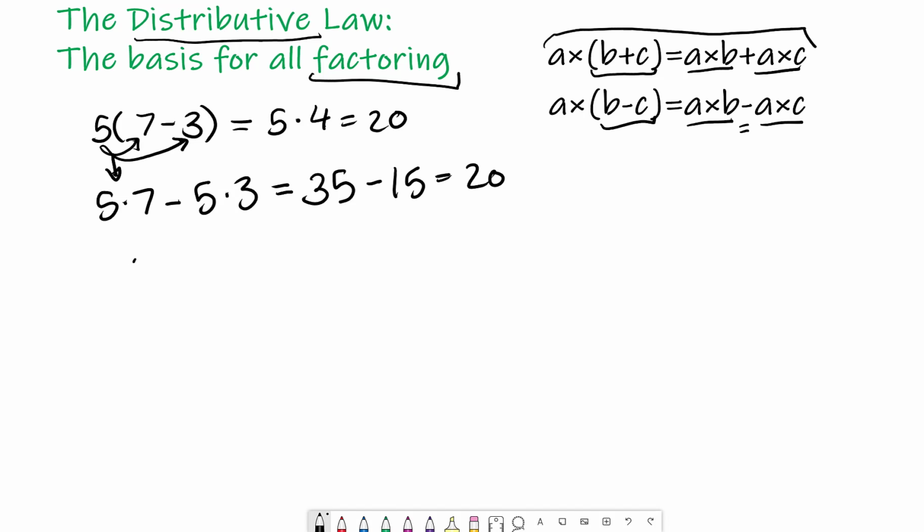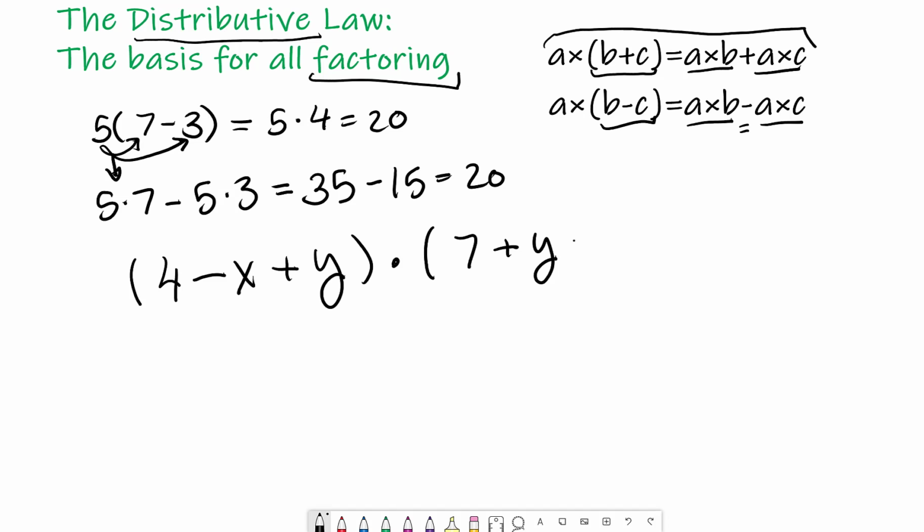So let's look at, for instance, (4 minus x plus y) times (7 plus y minus 2 times x). Okay, so this is just an artificial problem, and I'd like to show you what we actually do.